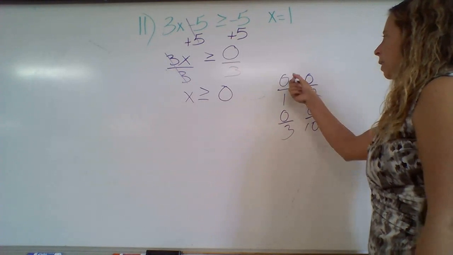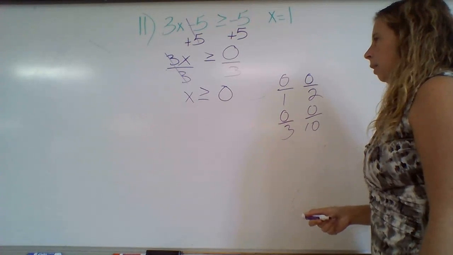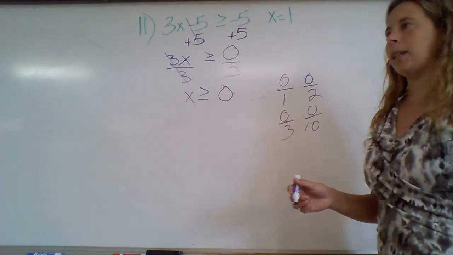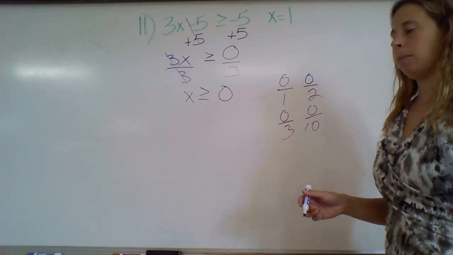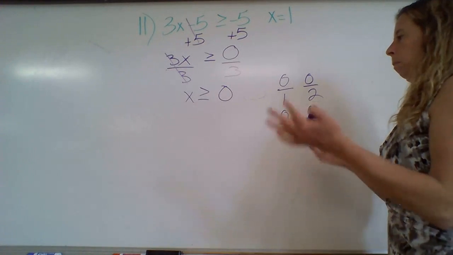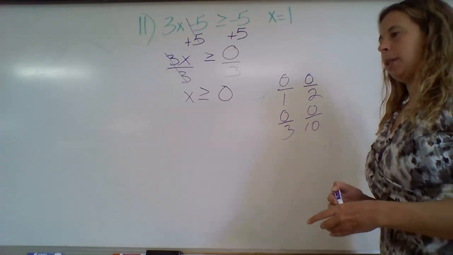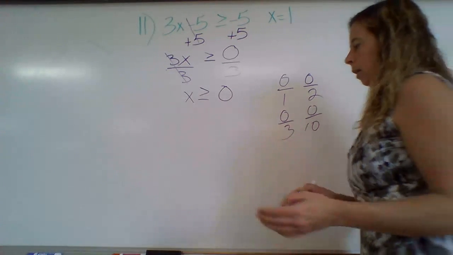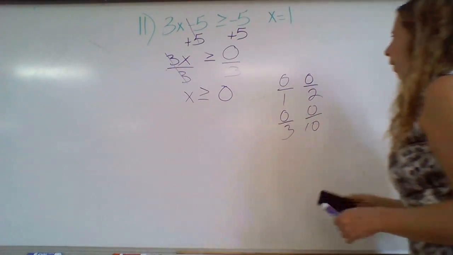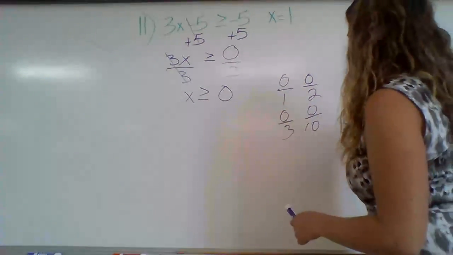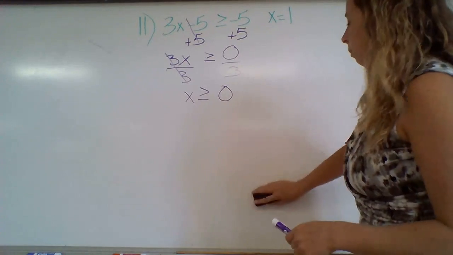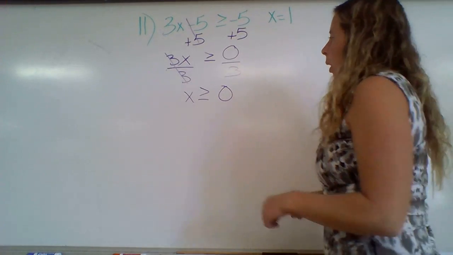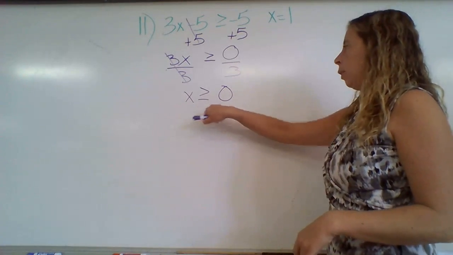Okay, if I have 0 things, and I try to divide them into groups, I still have 0 things. Like, I have 0 pieces of candy. You can each have 0 pieces of candy, okay? 0 divided by any number is just 0. Okay, so we have x is greater than or equal to 0.